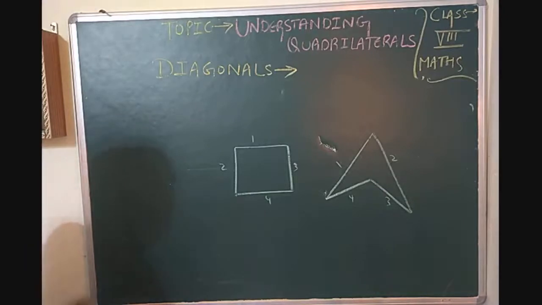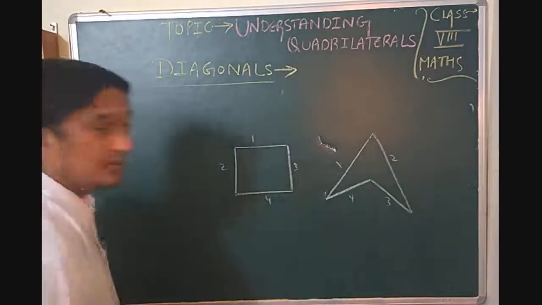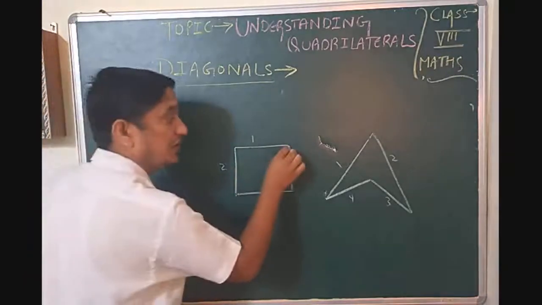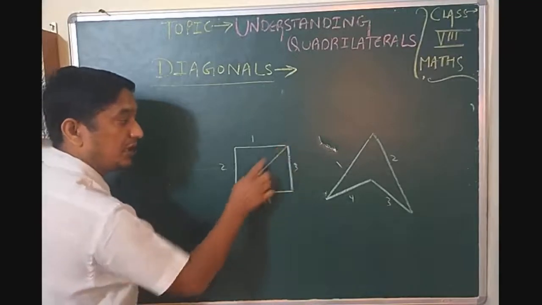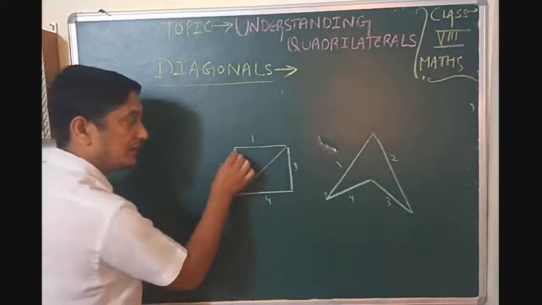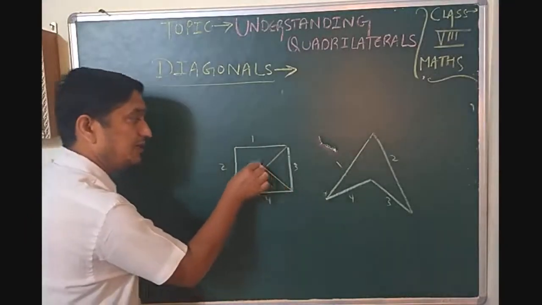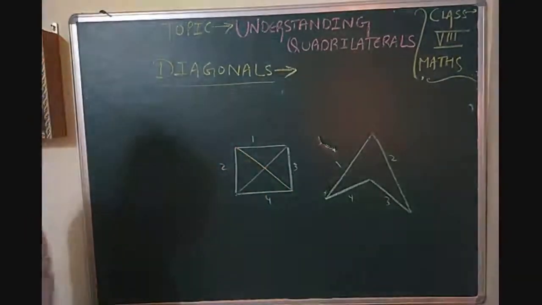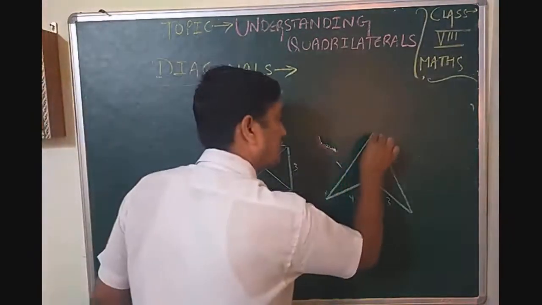So children, always remember, diagonal is a line segment that joins the two non-consecutive vertices. Similarly, here you can also draw like this.